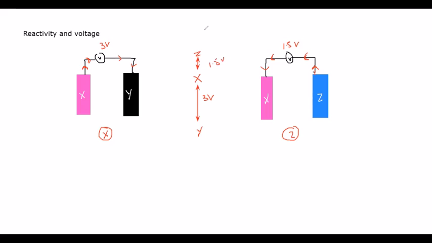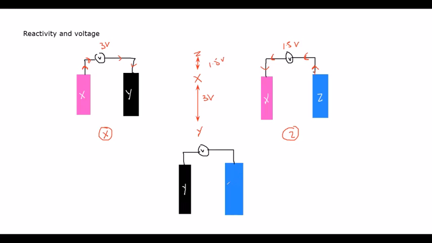Now the question is, you're using 2 electrodes, Y and Z, and you want to identify the voltage produced.